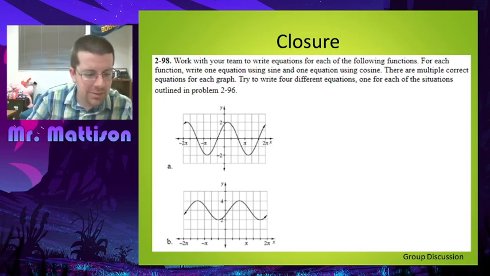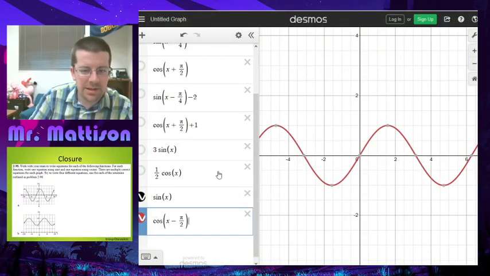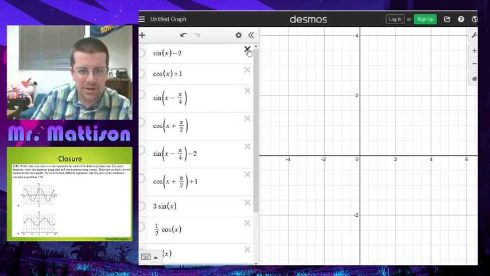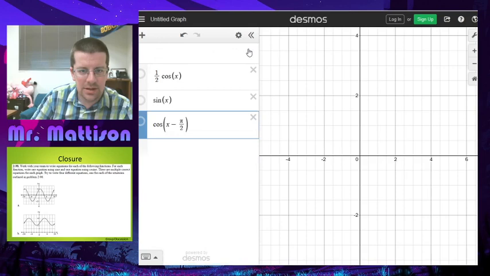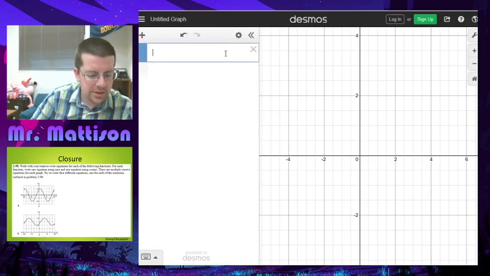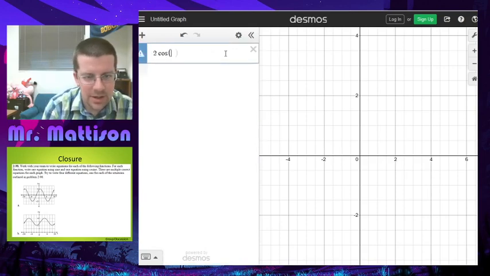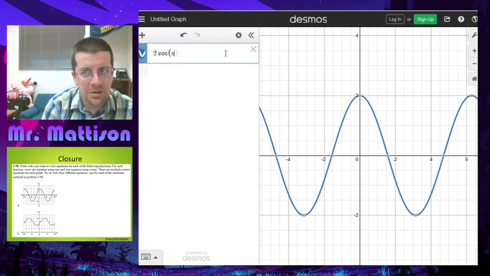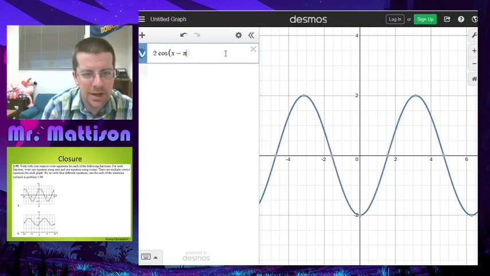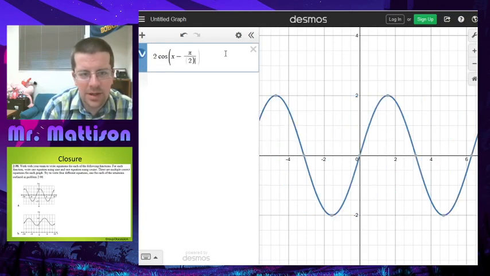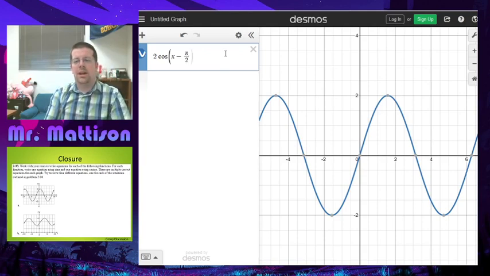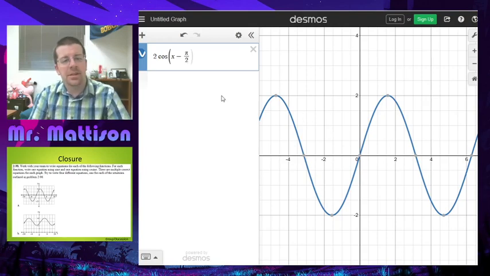So what that graph would be, based off of my estimate here, I'm going to get rid of all this junk, would be 2 times the cosine of x, but I moved it to the right pi over 6, so minus pi over 6. And that would be what the graph was. Again, the scale's going to be a little bit different here, but there's my graph.